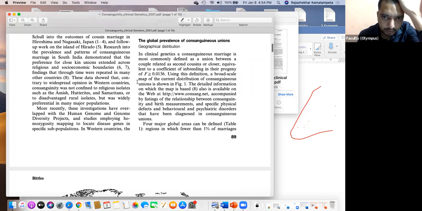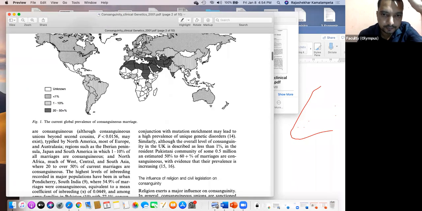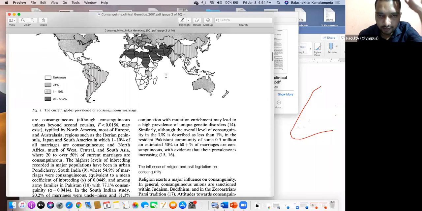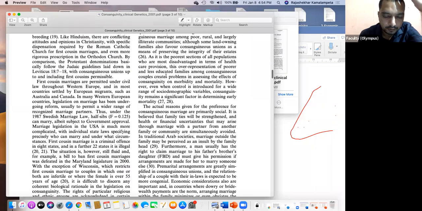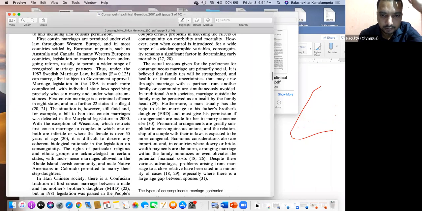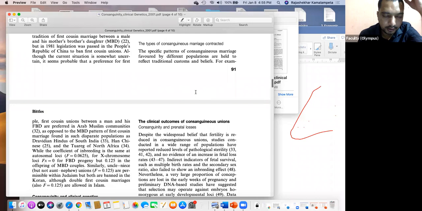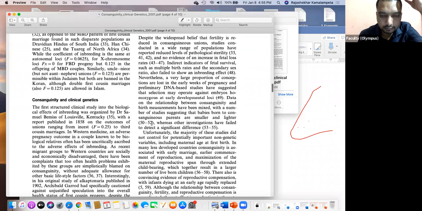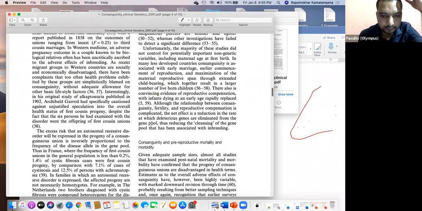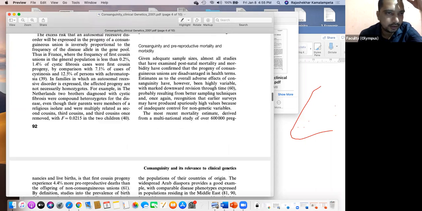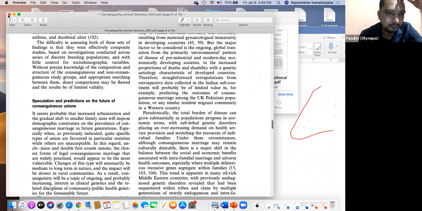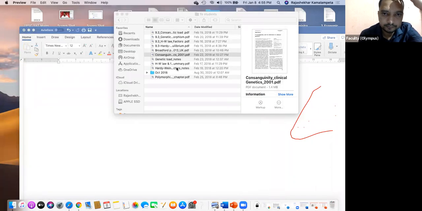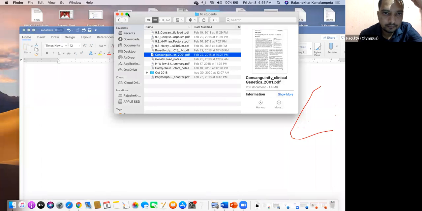Some of these can be used as case studies. Social and economic factors associated with consanguinity, you can extract this information. And the clinical effects, I'm going to describe that to you.